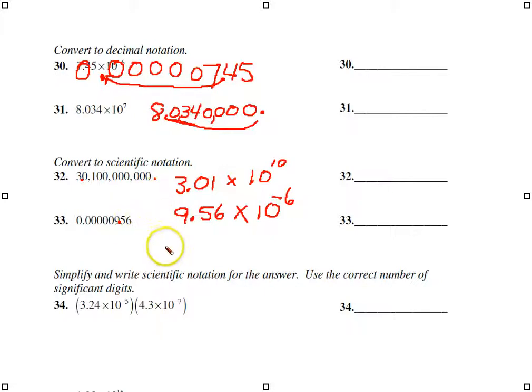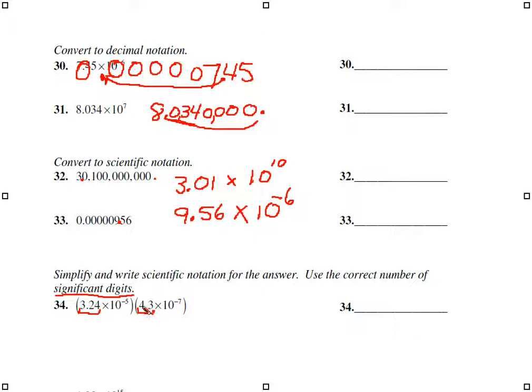Now this last one, we're going to look at significant digits. Now, how many significant digits does this term have? And the answer is 3. How many significant digits does this have? And the answer is 2.